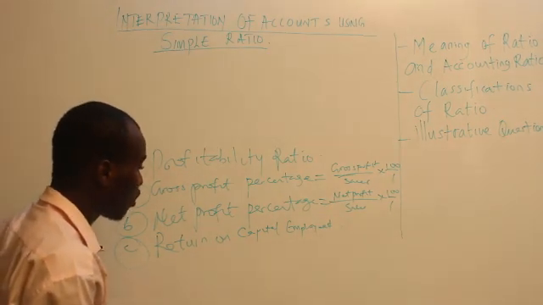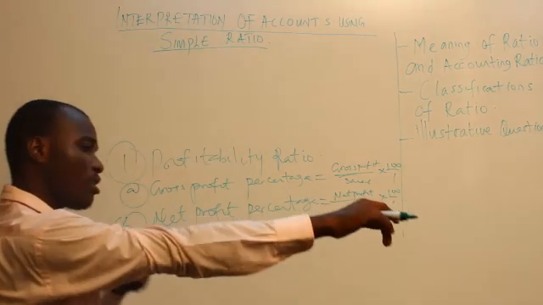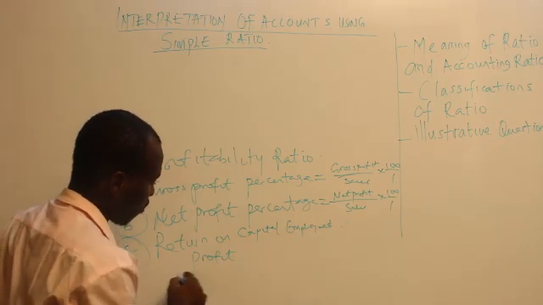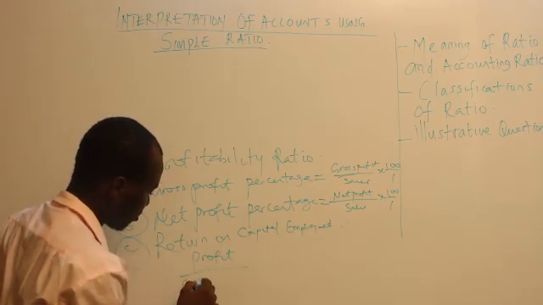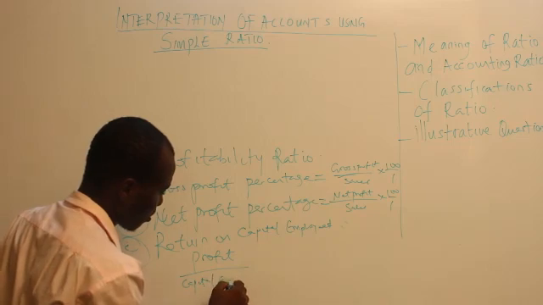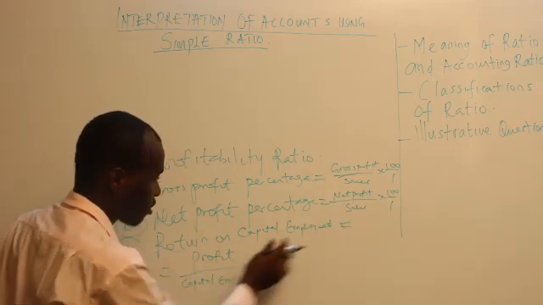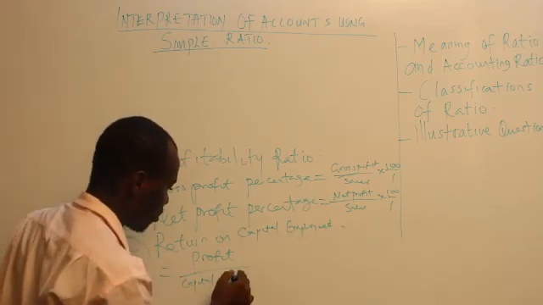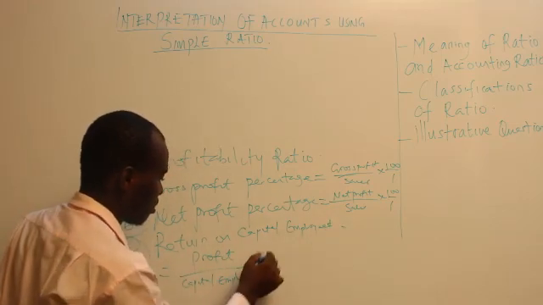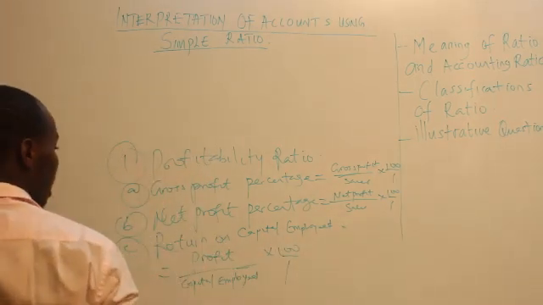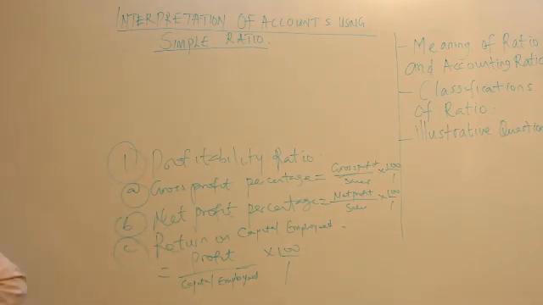So return on capital employed is the profit of the business over capital employed, times 100 over 1, which is our return on capital employed. Now the next thing we have is liquidity ratio.